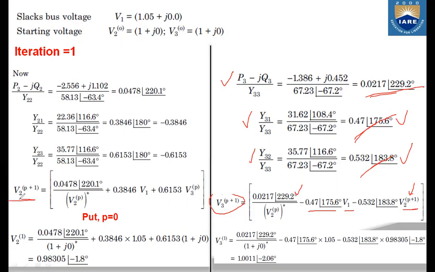You calculated v2 before itself, so here you have to use v2 p plus 1. Now you substitute v1, v2 p plus 1 and v2 p conjugate, all the values. V3 in the first iteration is 1.0011 at an angle of minus 2.06 degrees. Similarly you do the same in the second iteration also.